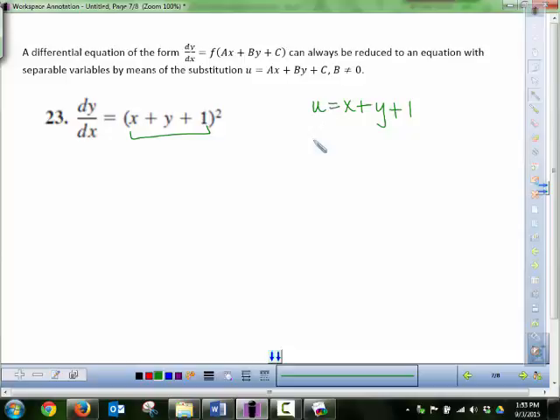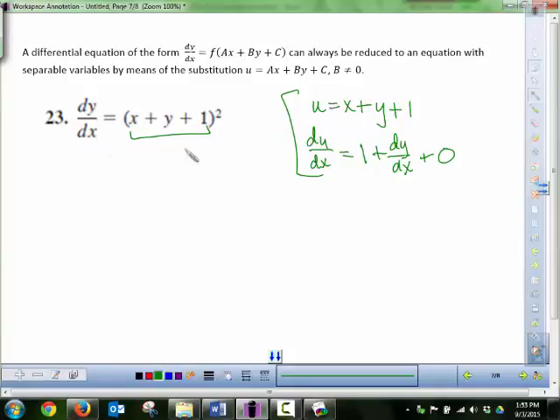The derivative of u with respect to x is equal to the derivative of x with respect to x, which is just 1, plus the derivative of y with respect to x, dy/dx, and the derivative of a constant with respect to x disappears.